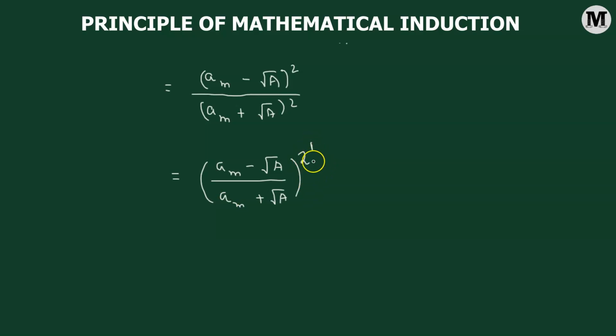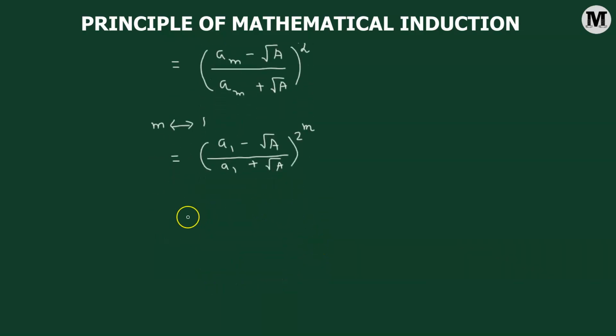But the reason why we're writing in this particular fashion is because now we are going to make a change here. We're going to replace m with 1 and we're going to replace 1 with m, such that we get a 1 minus square root of a whole divided by a 1 plus square root of a whole, raised to the power of 2 raised to the power of, in place of 1, we're going to write m.